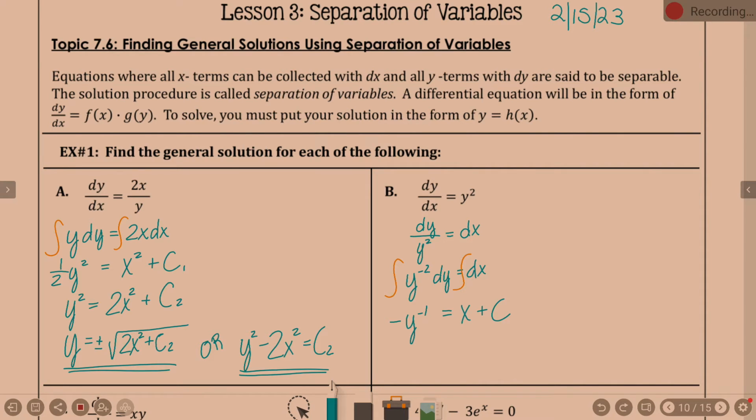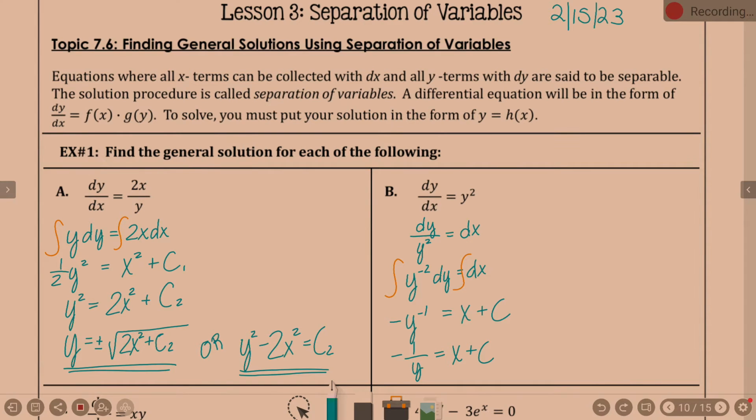X plus c. If we're going to solve for y, I'm going to take away the negative exponent and take it back to the denominator just because I need the visual. So I'm going to rewrite this as negative 1 over y equals x plus c.